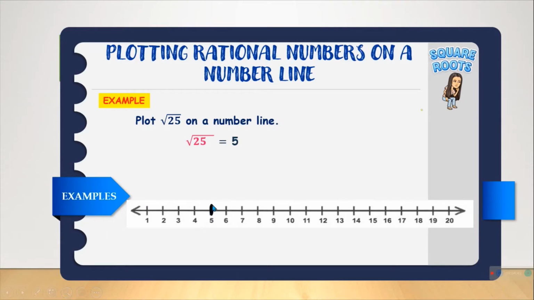The point is plotted at 5 because the answer to the square root of 25 is 5. Meaning, this 5 is the square root of 25. That is a rational number. But later, I will teach how to plot irrational numbers on a number line.